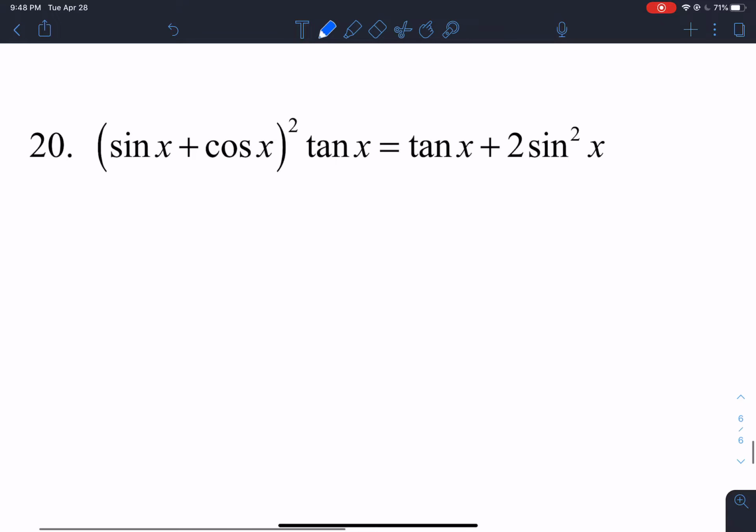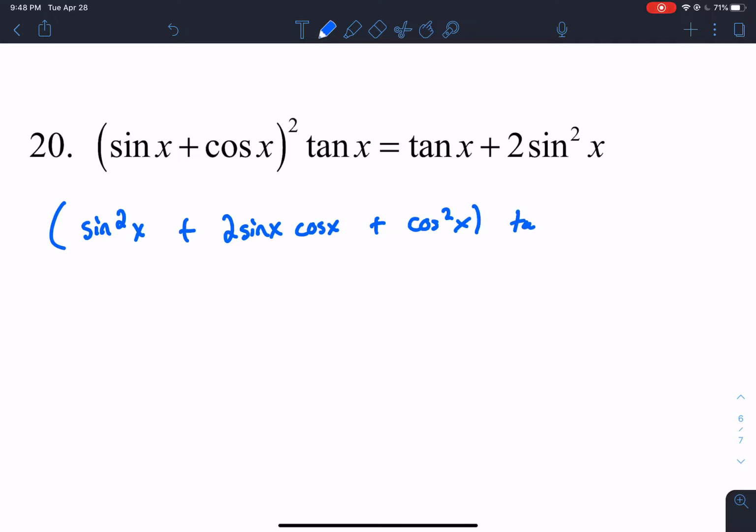Okay, so for number 20, what I'm going to do is multiply out the left side. So that's going to give me sine squared plus 2 sine cosine plus cosine squared, times tangent. Now sine squared and cosine squared is just going to become 1. So 1 plus 2 sine cosine.